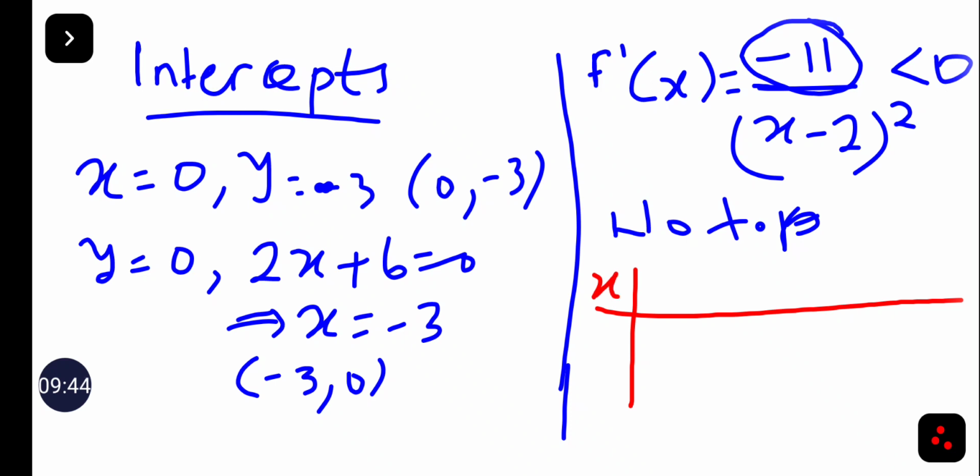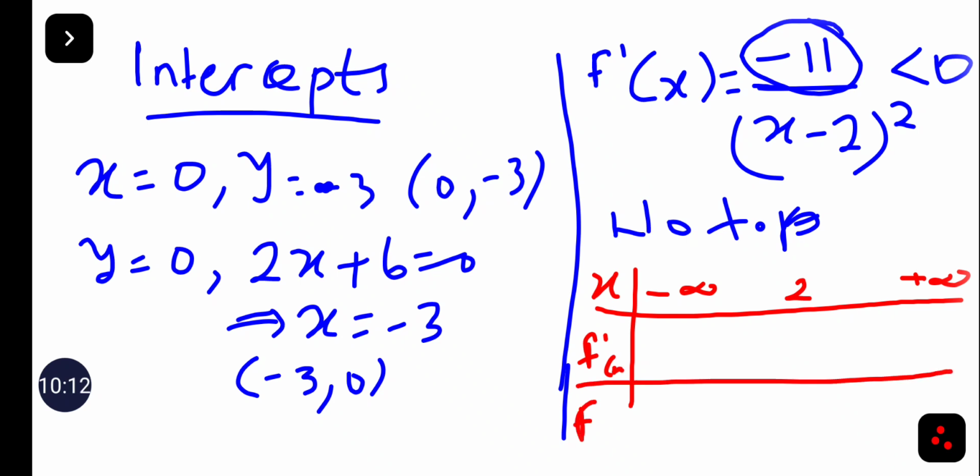Then this first row is our domain: negative infinity, 2, all those bounds, positive infinity. If there was a turning point, we would include it in any of these places following the number. Now we have the derivative, f prime of x, in this column, and our function itself, f of x, here.